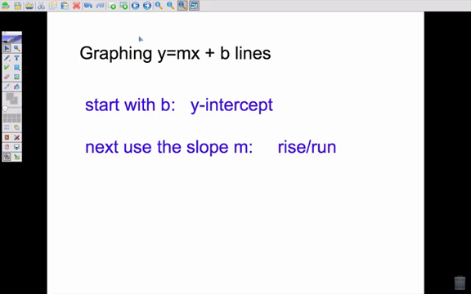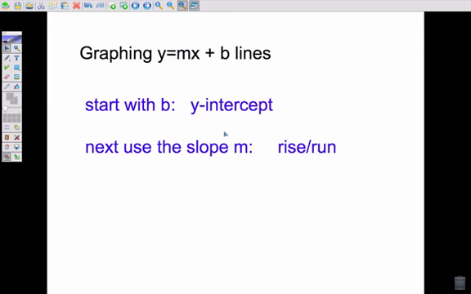The first thing that we'll talk about is graphing a line written in y equals mx plus b form. We've done this a lot of different times, but some people are still getting a little bit confused on it, so I want to run over it one more time.